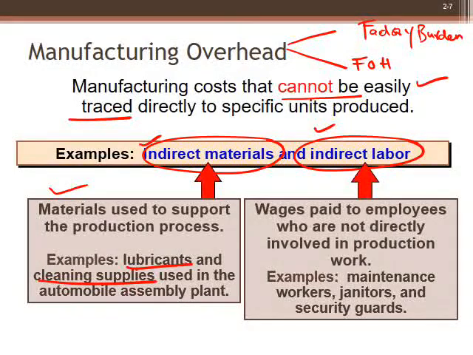The other one is indirect labor, which is wages paid to employees who are not directly involved in the production process, for example, maintenance workers, janitors, and security guards.